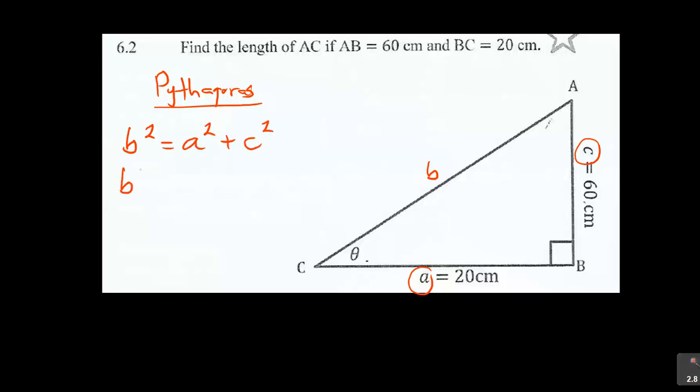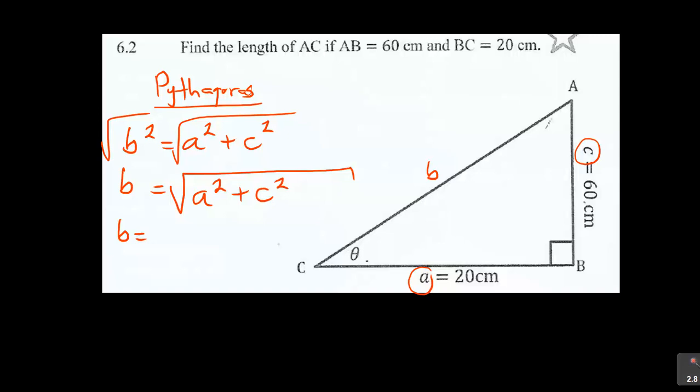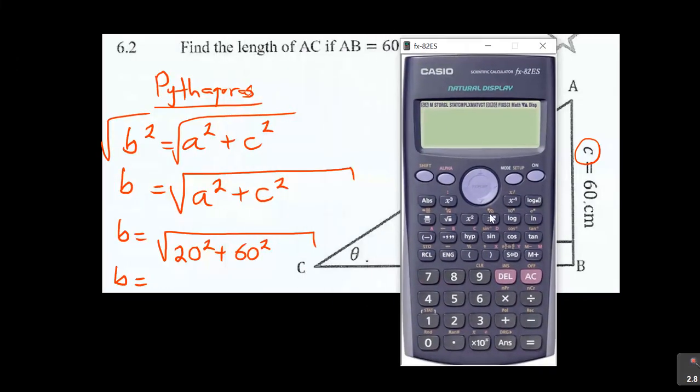So B squared, so B, I can do this already, is the square root of, because you square root here and you square root there, A squared plus C squared. Now what is my A? It's the square root of 20 squared plus C, which is 60 squared. So my B in this case, if you solve it, is the square root of 20 squared plus 60 squared. It's 20 root 10.